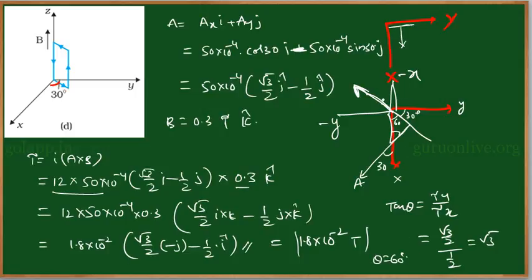So the tau vector is making 60 degrees with the negative x-axis. I can calculate the angle from the positive x-axis as 180 and 60, so total 240 degrees. So the resultant vector, tau, is making 240 degrees with the positive x-axis, and the resultant magnitude is 1.8 into 10 to the power of minus 2 Tesla.